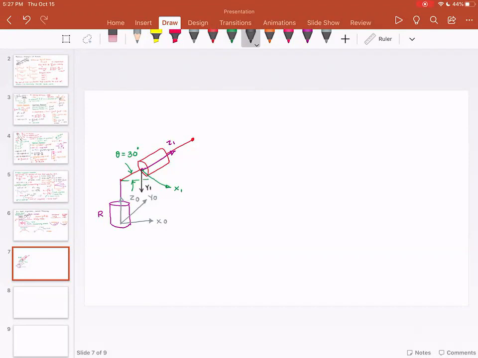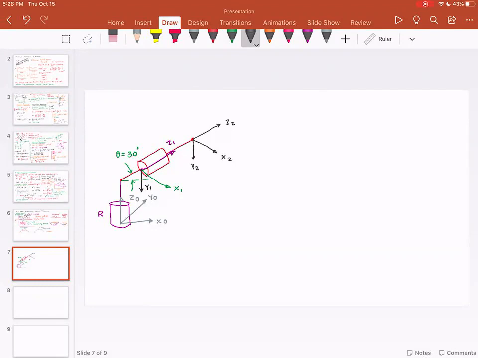And then I'm going to continue with the same approach. I'm going to say this is my x2, this is my y2, and this is my z2. Now, at this point, before we proceed any further, I need to take a step back and make sure that all my 4 rules are satisfied.